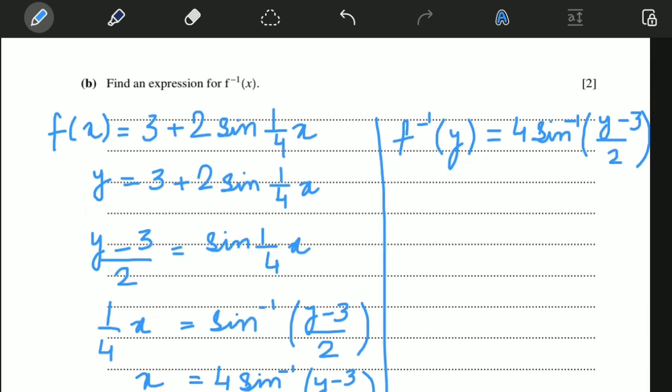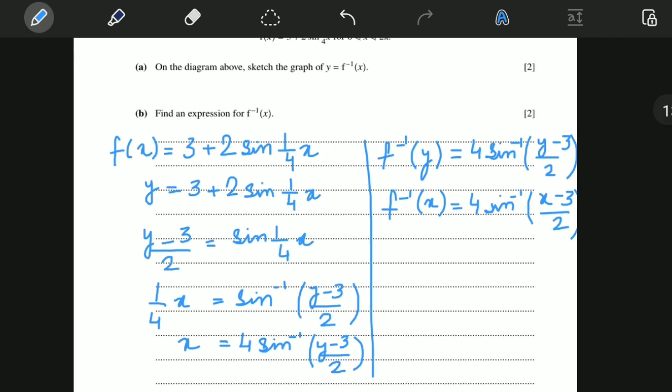And this will then become, replace y by x, so f inverse of x equals 4 sine inverse of x minus 3 over 2. I hope you got it.